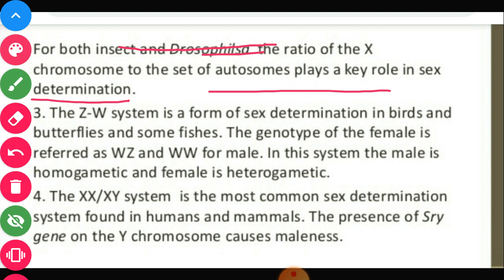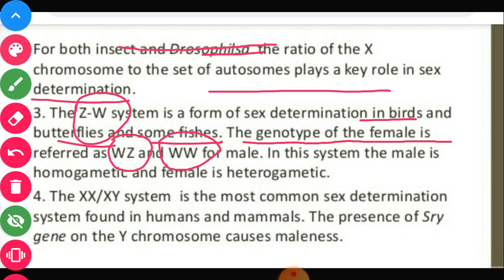And the other type is ZW type sex determination. It is mostly found in birds, butterflies and fishes. The genotype of the female is referred to as ZW and the male has ZZ type combination of chromosomes.